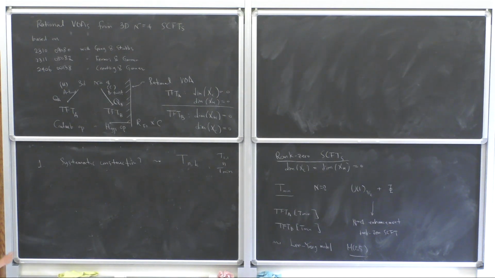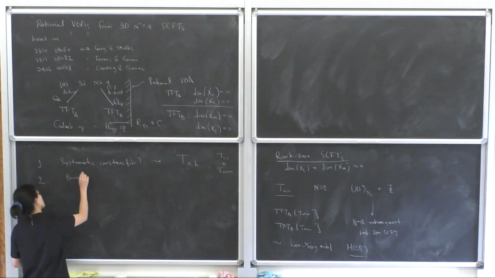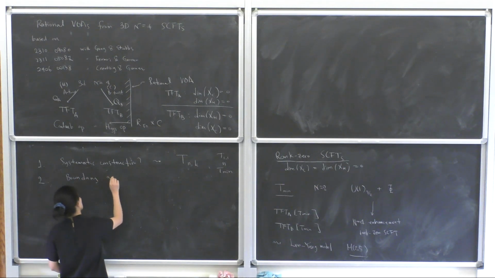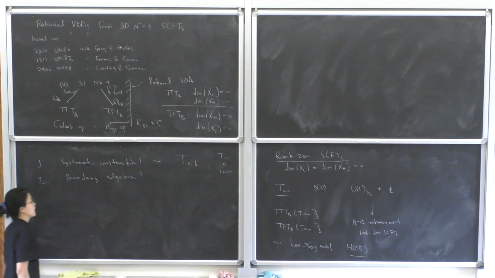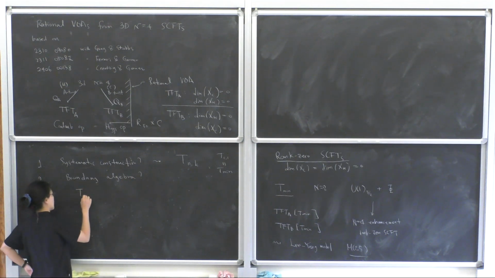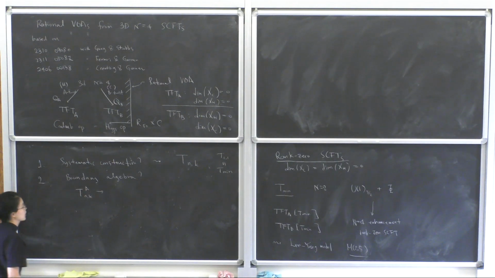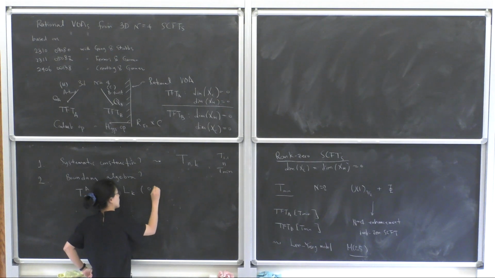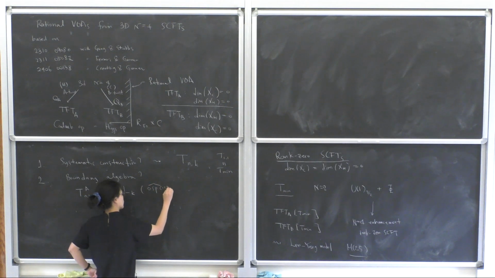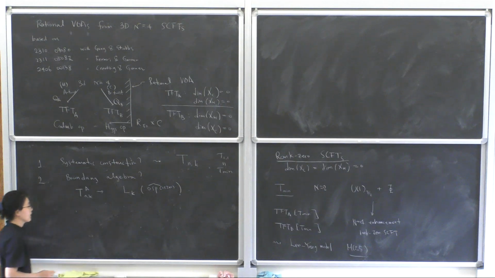And then probably a more important question is, can we identify their boundary algebras? We will see that for TFT-A of T(n,k), in the A-twisted theory, the boundary algebra is going to be a simple affine Lie algebra of OSP(1|2n) at level k.